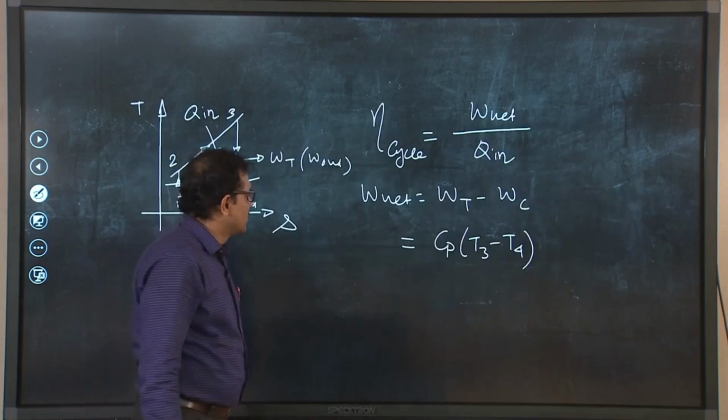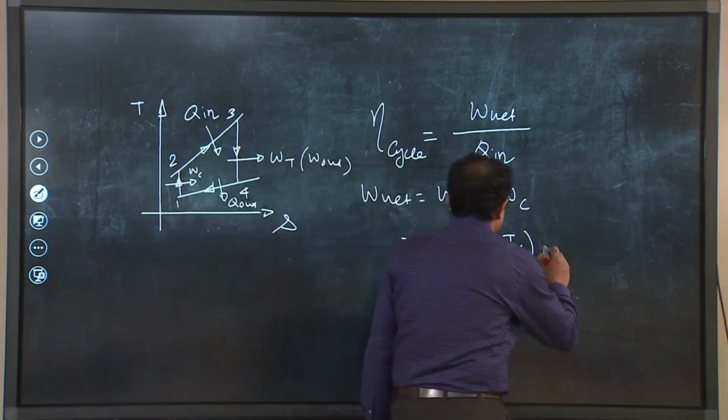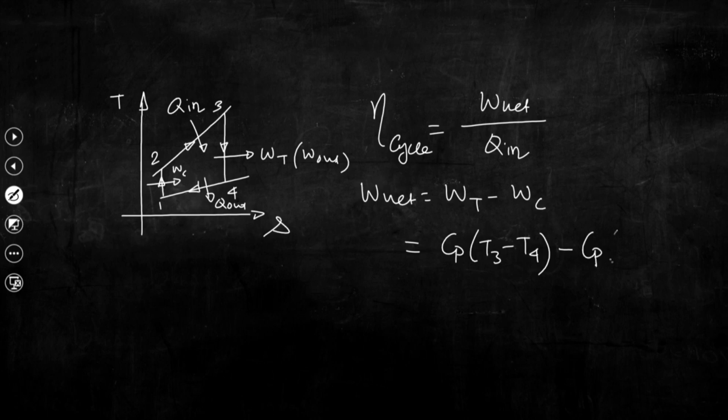So, here the turbine work is Cp into T3 minus T4, and the compressor work is Cp into T2 minus T1. As I said, here we are not going to consider the actual processes, rather we are going to consider the isentropic processes for the compression and turbine processes. So, this is W net, and what about Q in?